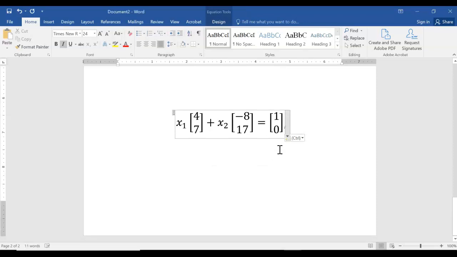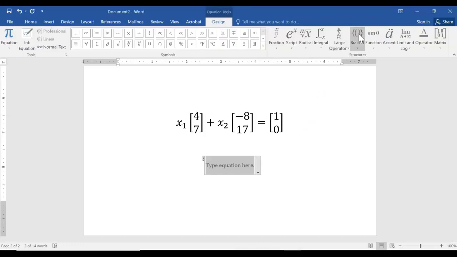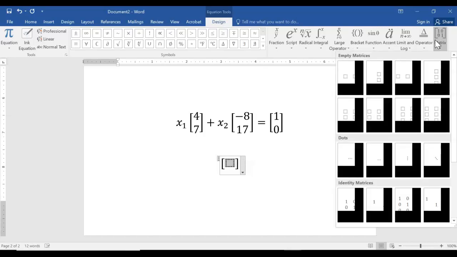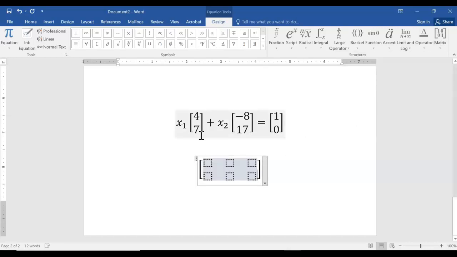So we have that vector equation. If you're going to create an augmented matrix, it's going to have 4, 7 as the first column, -8, 17 as the second column, and 1, 0 as the last column.